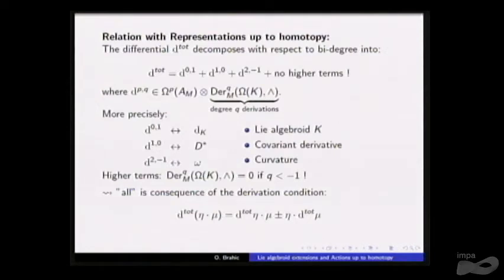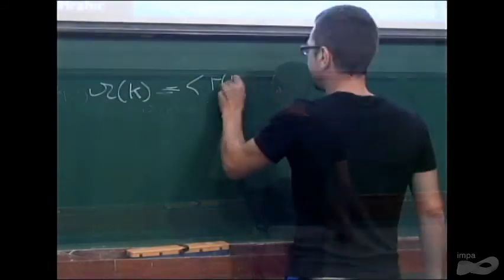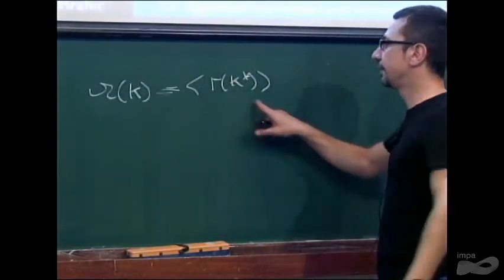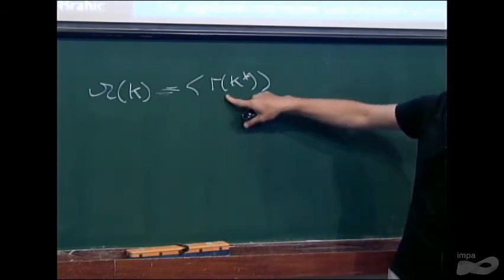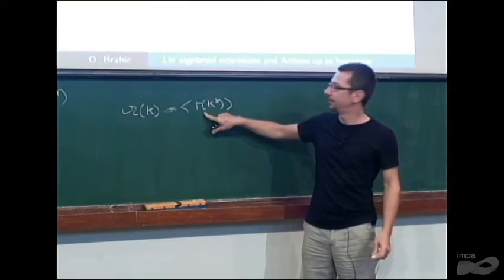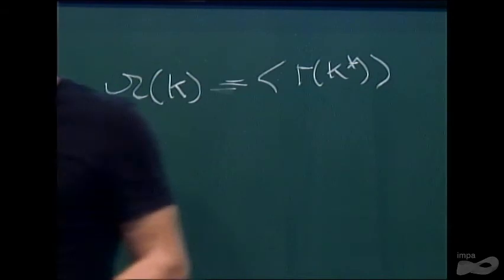This is because the derivation of forms on K vanishes for degree inferior to minus 1. The reason is so simple: Omega(K) is generated, as an algebra, by sections of K star. So of course, if you take a degree minus 2, these guys are sent to 0.